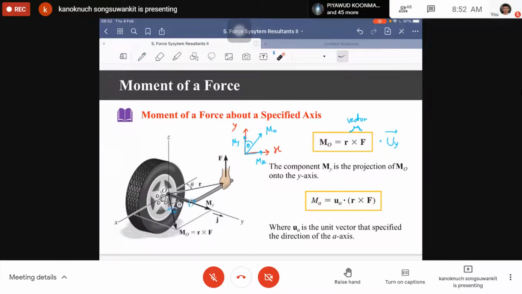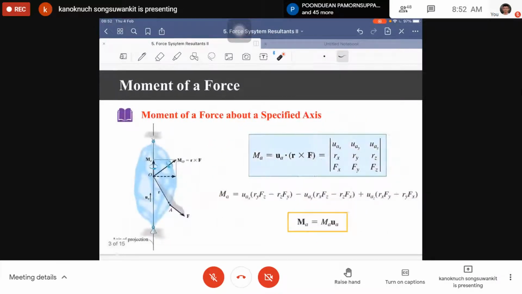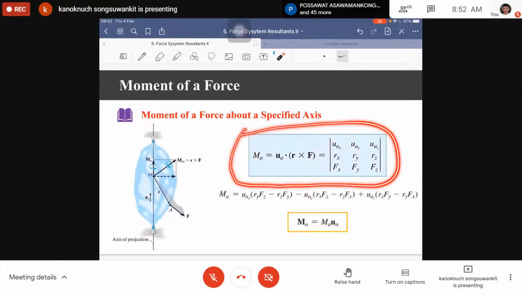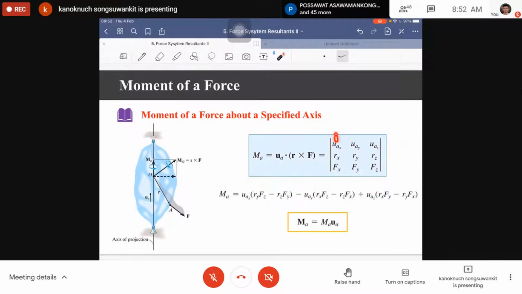The formula is: the moment about any axis equals the unit vector of that axis dotted with the resultant moment produced from that force. It can also be rewritten in the form of a matrix by this equation. Instead of i, j, k on the top row, we replace it with the components of the unit vector, UAX, UAY, and UAZ.